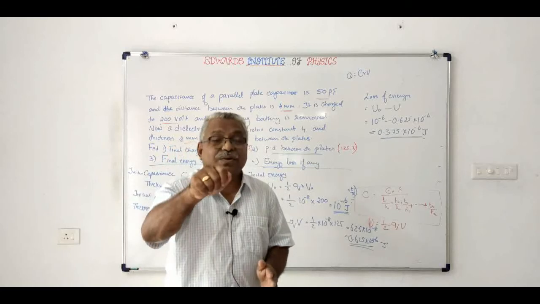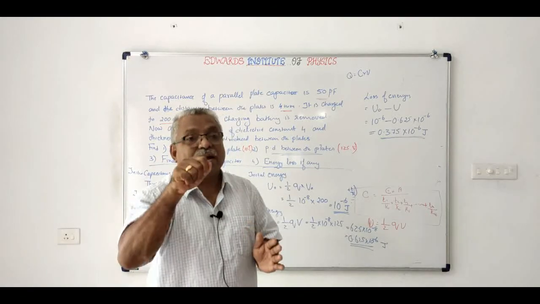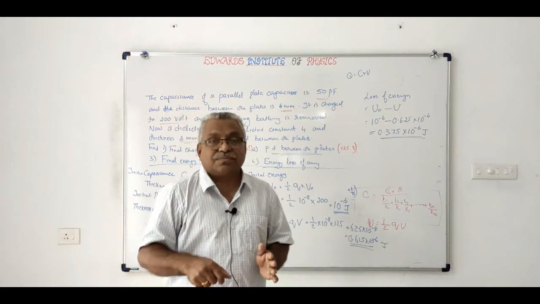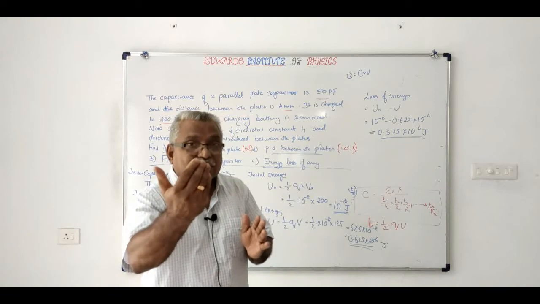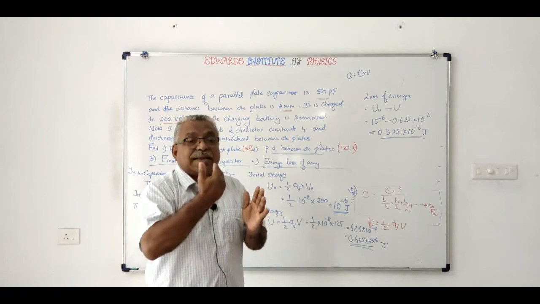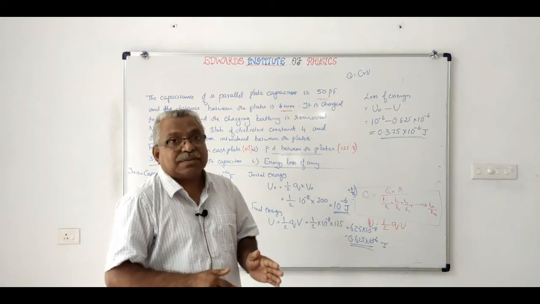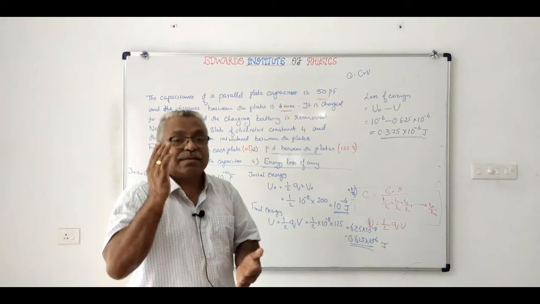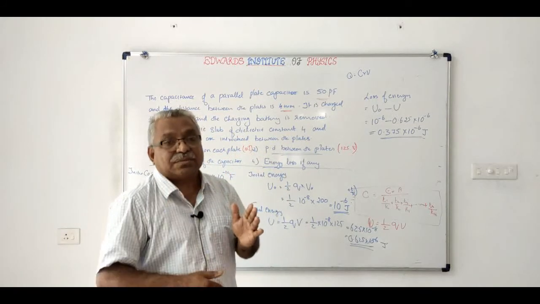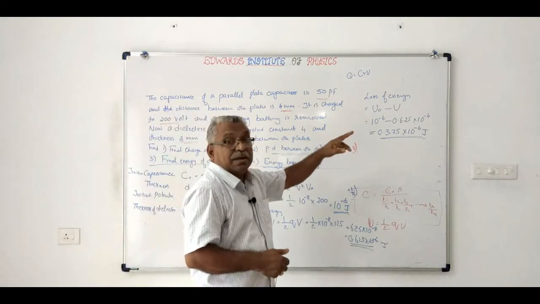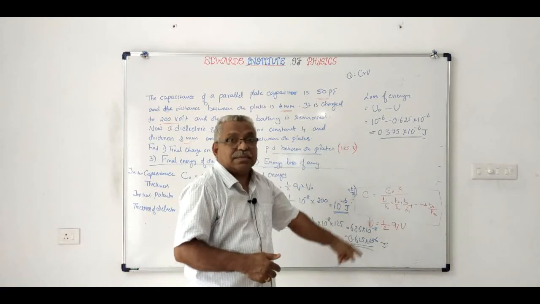So in order to introduce the dielectric inside, we have to apply some force. That energy is lost in pushing the dielectric in. The electric field exerts a force, and energy is lost by that. Okay, that is how energy is lost.